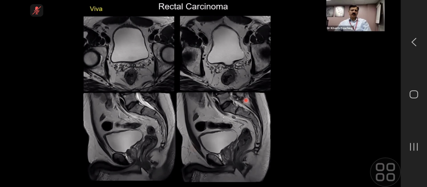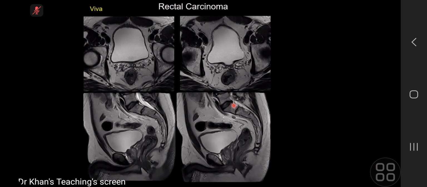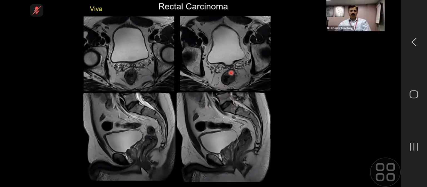So you said that there is thickening of the mesorectal fascia. Which sequence are you talking about? I think I can just see those linear low intensity streaks, just lateral to the rectum on the axial images. So what does it mean? So you are pointing out this thing here.